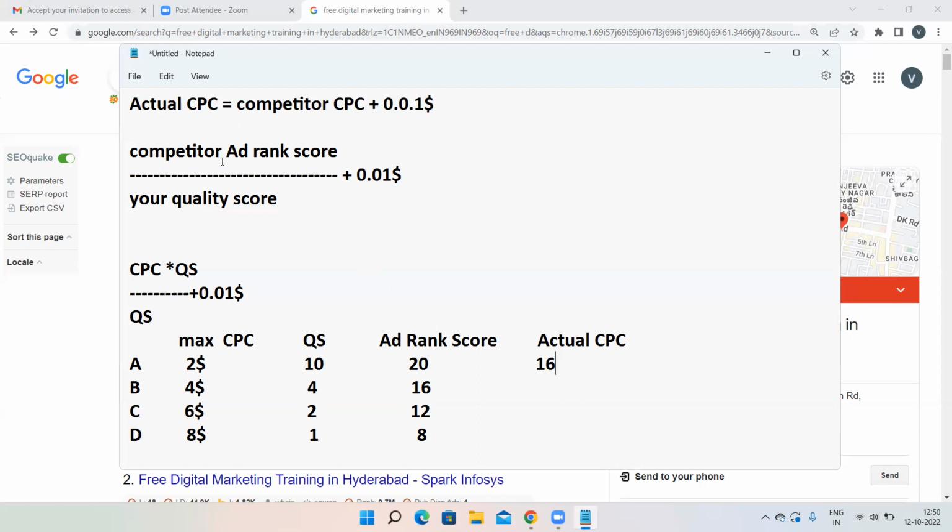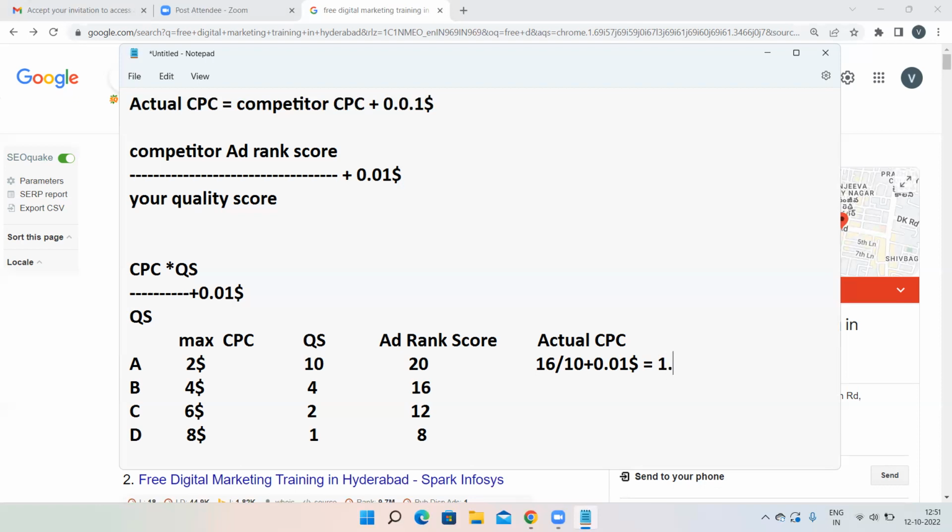Competitor's ad rank score divided by your quality score. What is Pavitra's quality score? It is 10. Plus $0.01, equals how much?